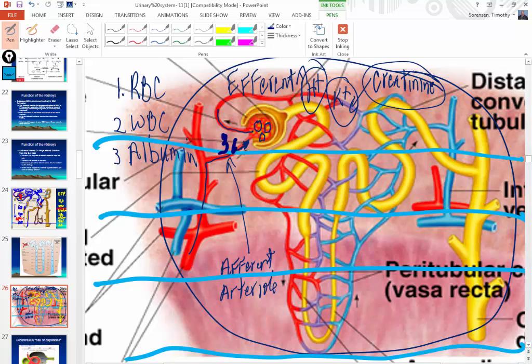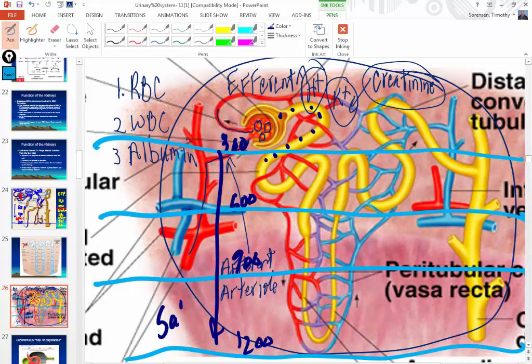It starts out at 300, then it goes to 600, then it goes to 900, then it goes to 1200. So that means as this stuff that was filtered by the glomerulus, that filtrate, moves deeper and deeper into the medulla of the kidney, it becomes basically saltier and saltier.